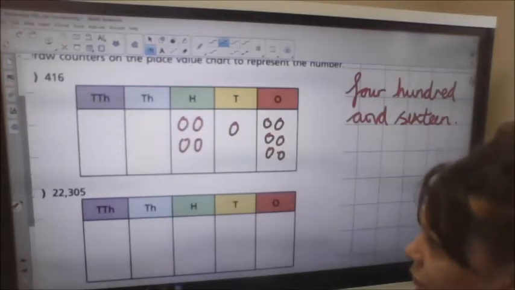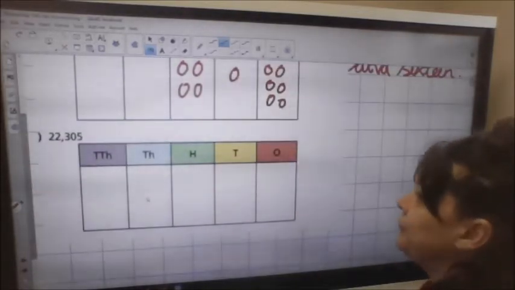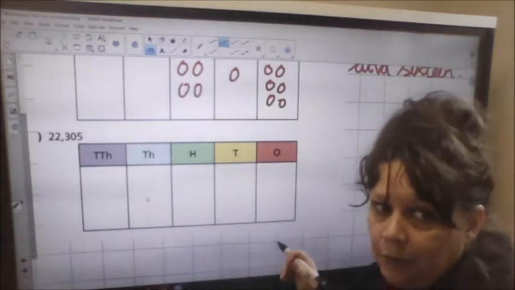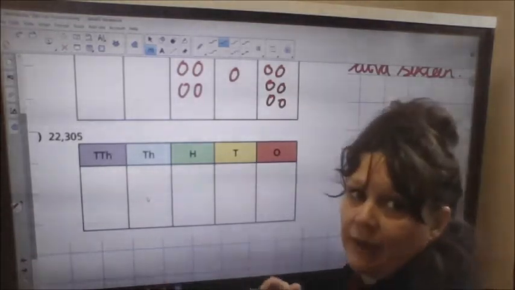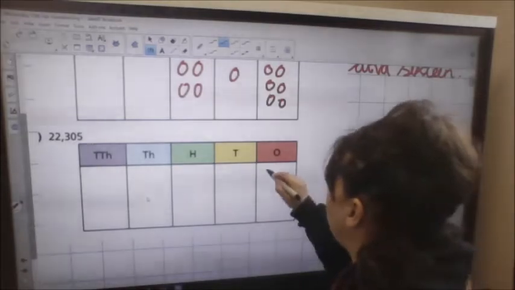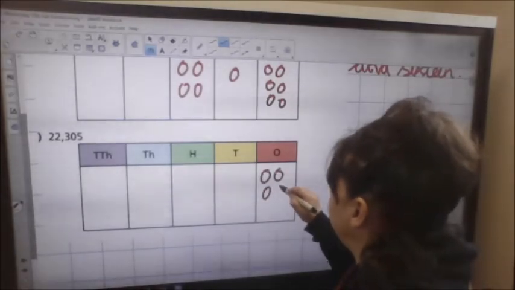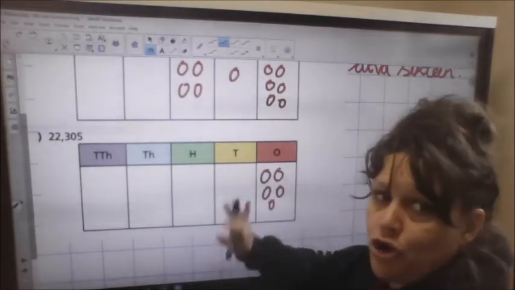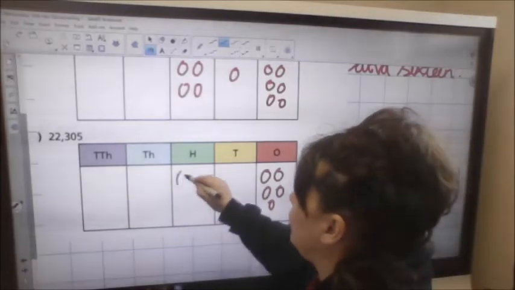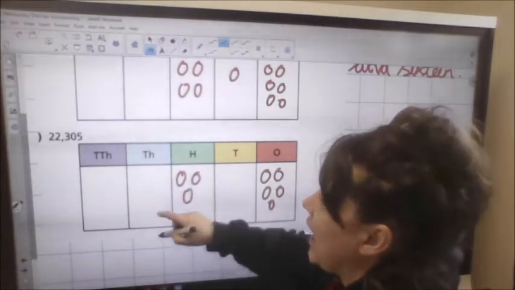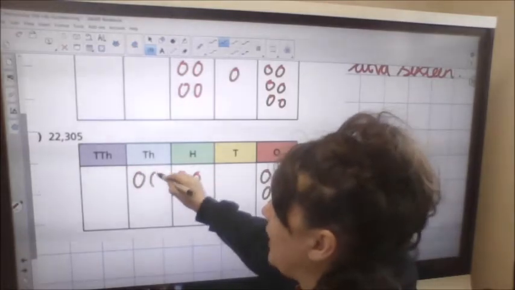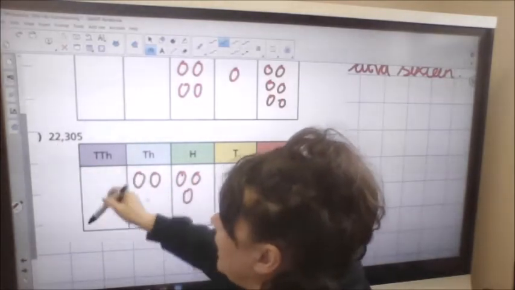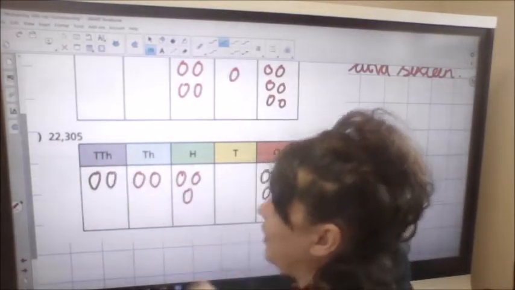Let's have a little look at the bottom then. We had 22,305. So what we're going to do now is put the correct counters on. So 5 ones. I have no tens, but I have 3 hundreds. I have 2 thousands because that's that column, and I have 2 tens of thousands.